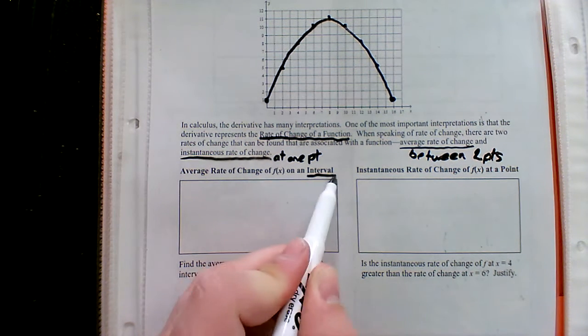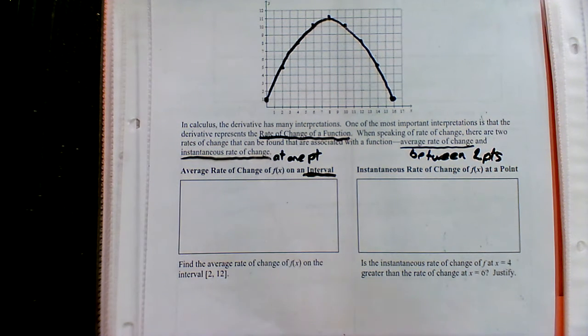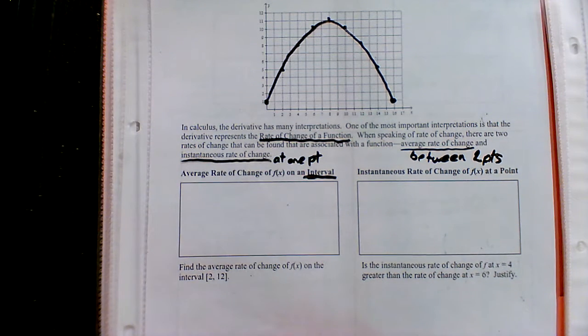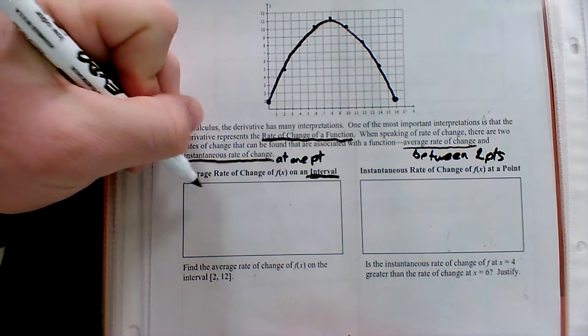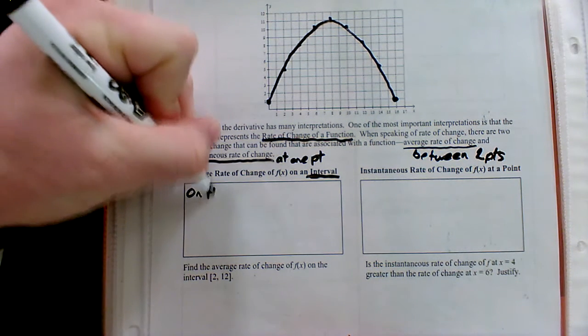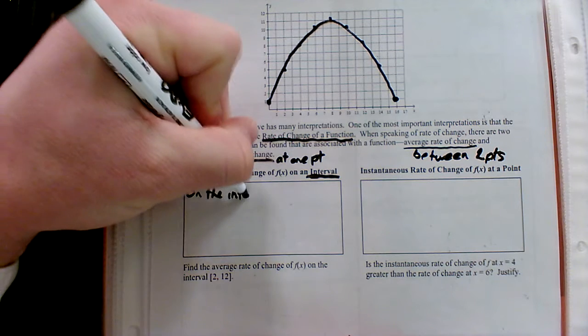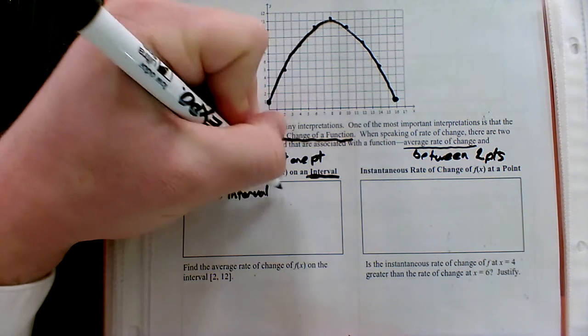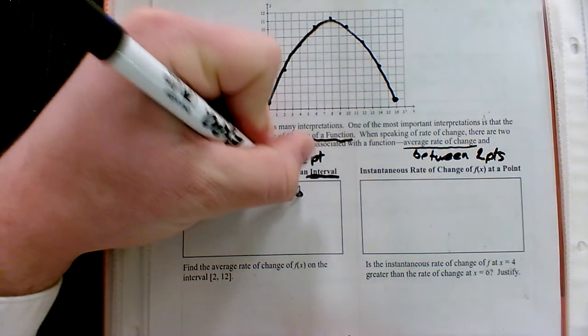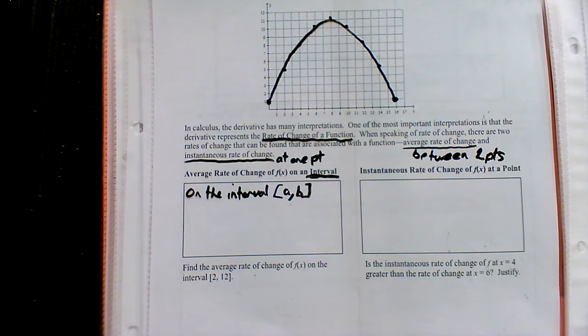So we're specifically talking about an interval. So kind of like a definition first before we look at the above. On the interval, bracket a, b, so some given interval. They're going to give you an interval to talk about in the problem.